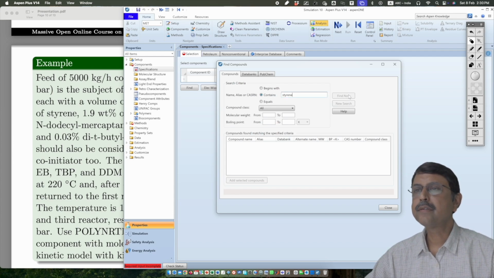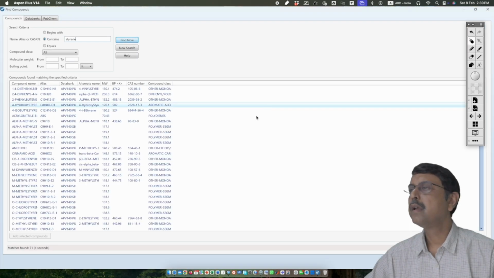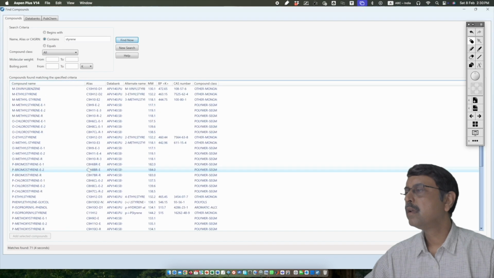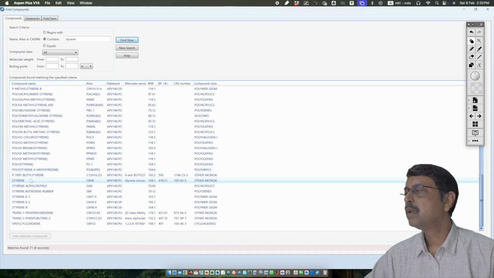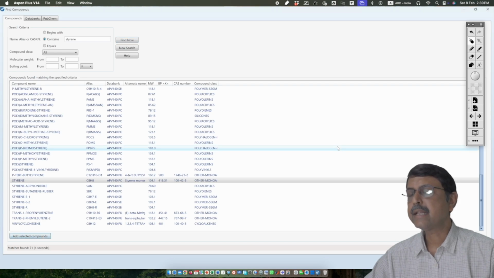So first, this one. So add component. This is the first time. Then again you add another styrene.